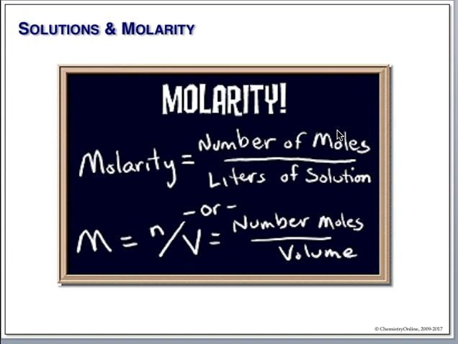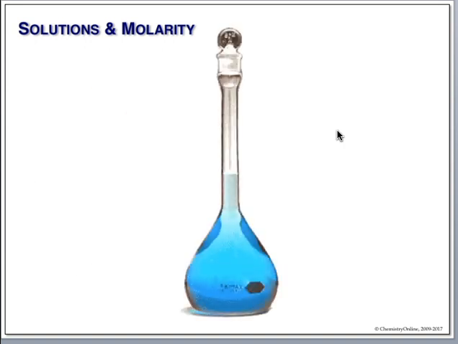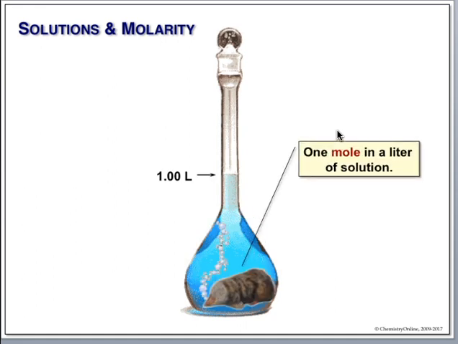This is a volumetric flask. They are marked with a little etch mark to show an exact volume. This is a mole. We could say we had 1 mole per liter here. Number of moles and number of liters. It really is that simple.